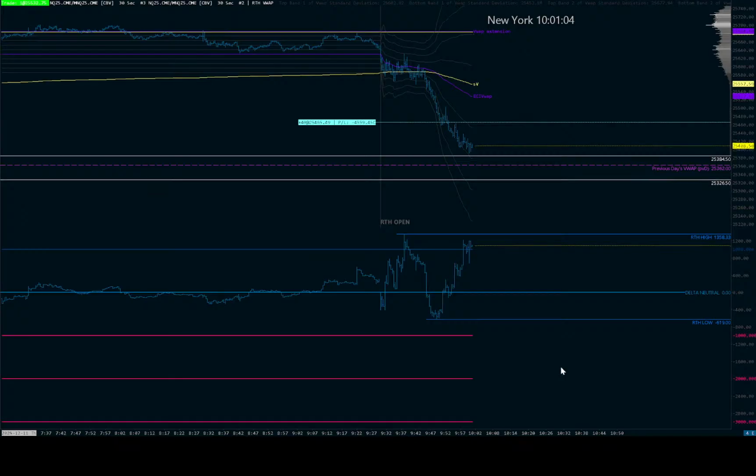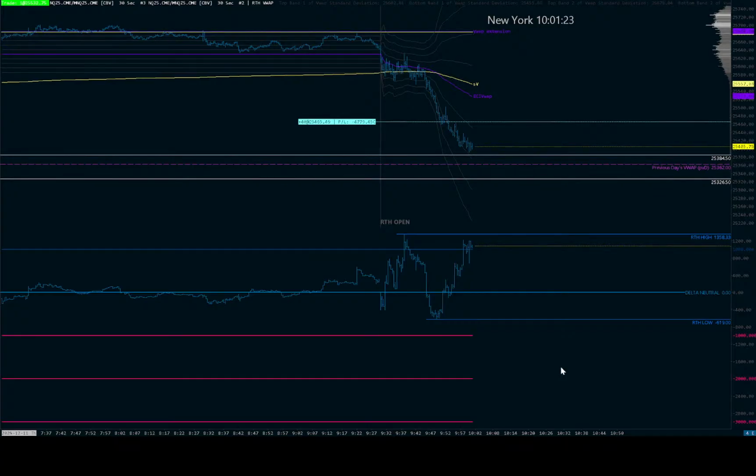But I think Travis is on the right track. If you're like, hey, I'm a volume profile guy and that's my jam, I really resonate with volume profile, then by all means, take what I'm showing you and use that for your benefit.